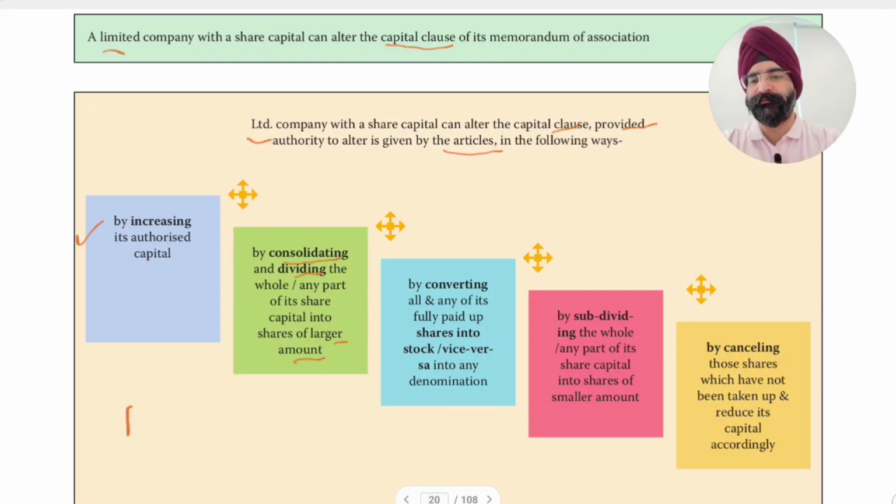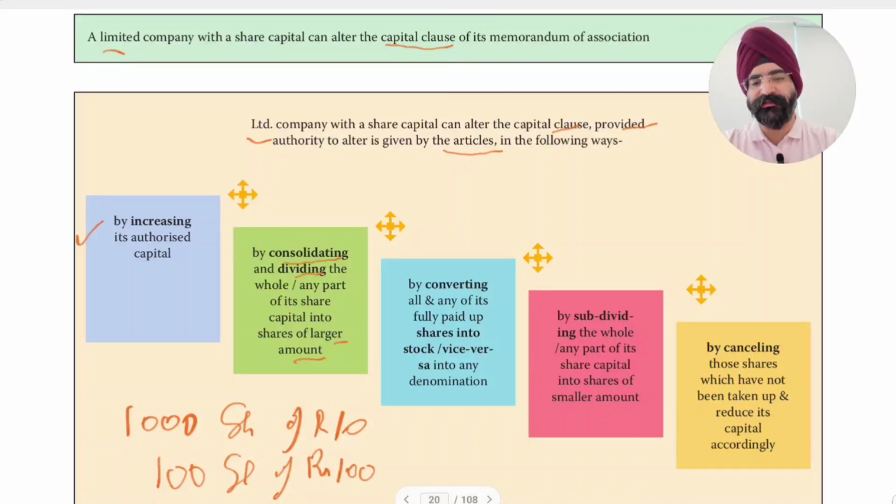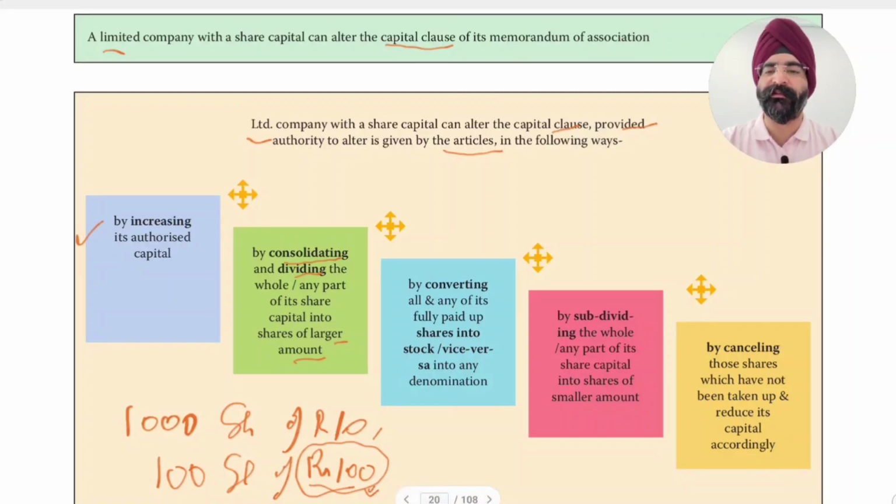Suppose earlier you had 1000 shares of rupees 10 each. Now we are consolidating these into 100 shares of rupees 100 each. So the face value per share has increased from 10 to 100. This is an example of this way.